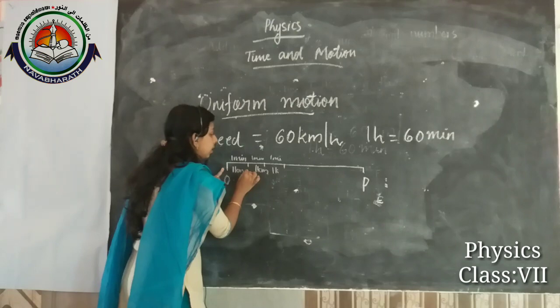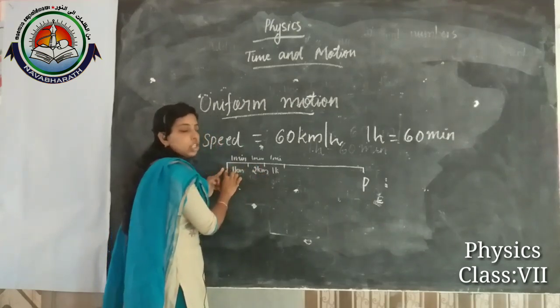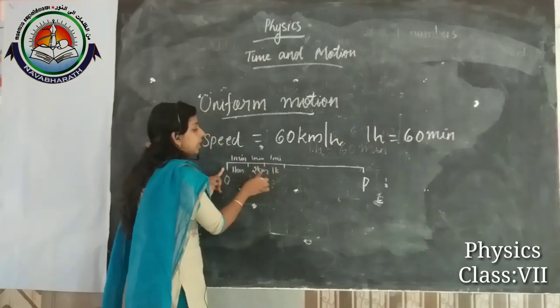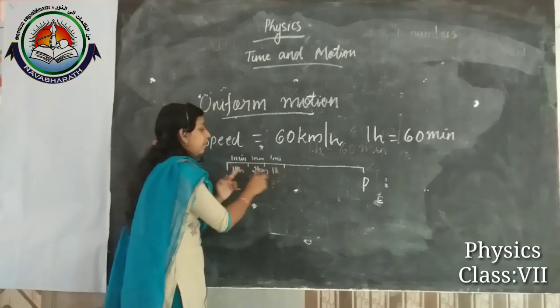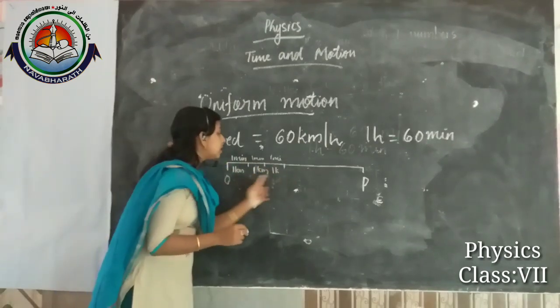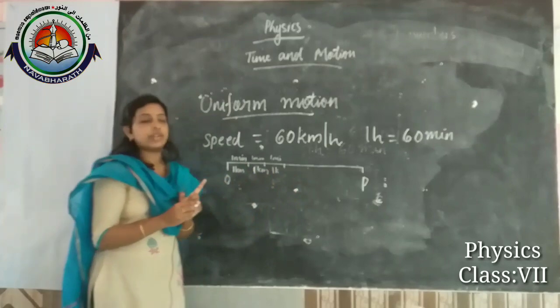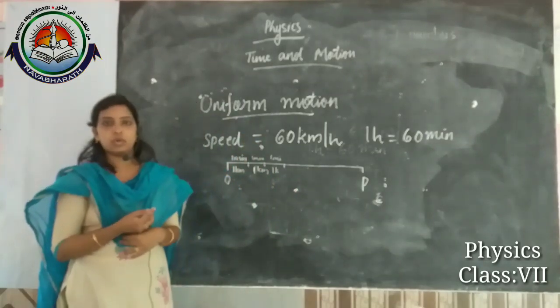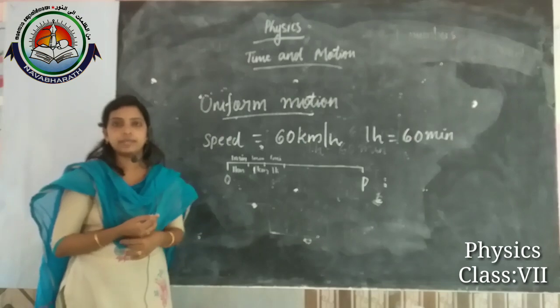From here 1 kilometer, here we can write 2 kilometers from the initial position. In each and every case, equal distance in equal interval of time, then we can say that this motion is uniform motion, right?